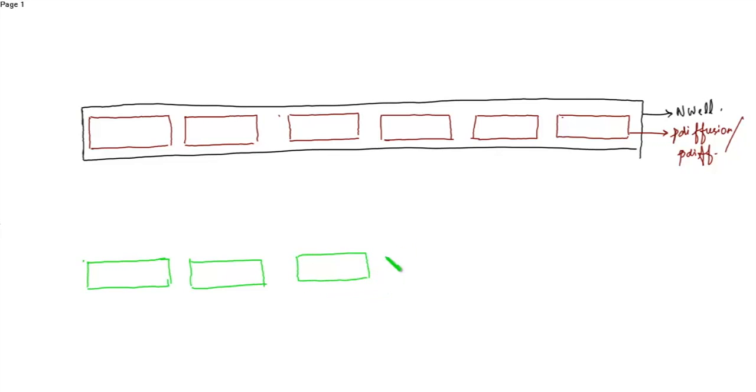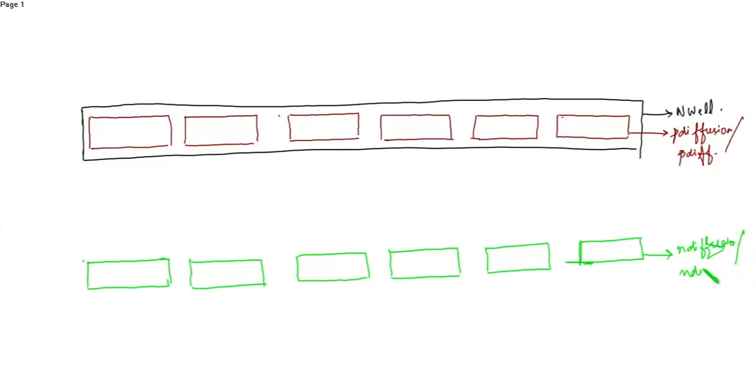Third. Fourth. And this is the 6th one. This is the N diffusion layer, or N diff.